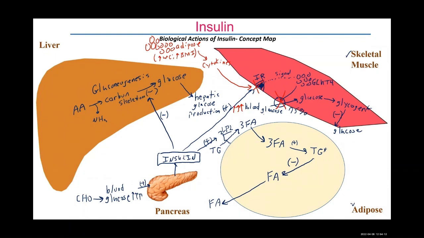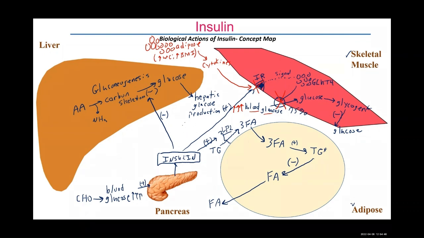Okay, so all kinds of blood glucose is going to be high, right? So here I'll just put up increase in blood glucose, big time. And remember, the red here is going to represent either insulin insensitivity or there's no insulin.